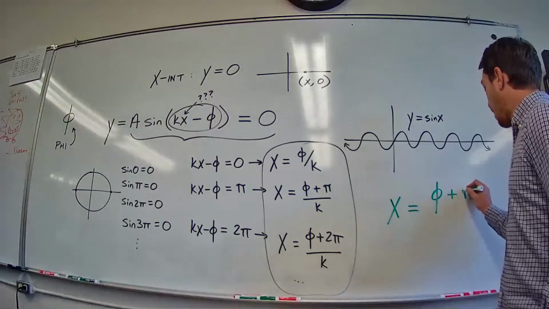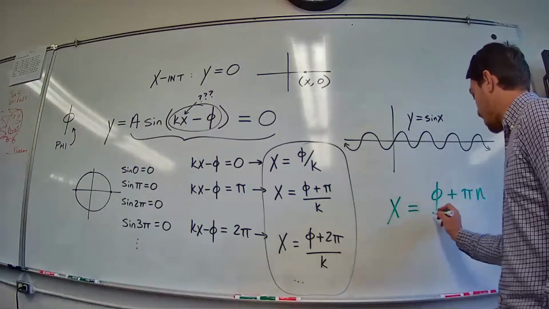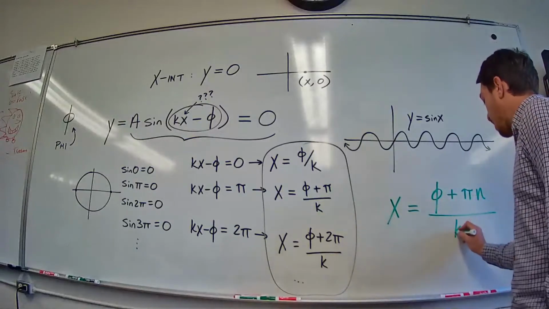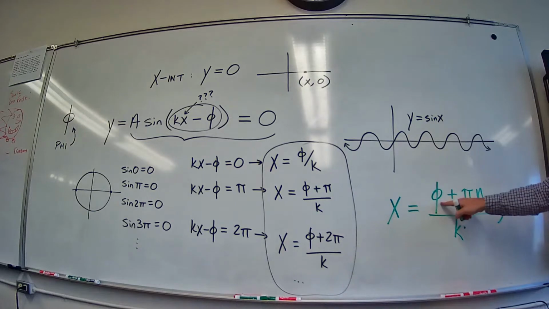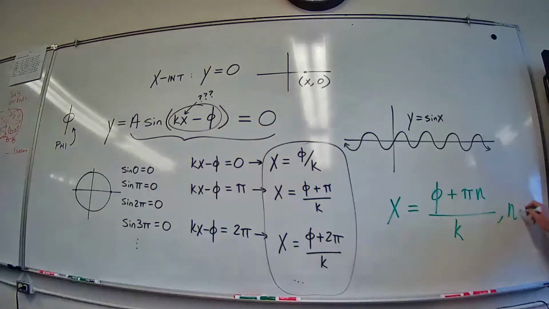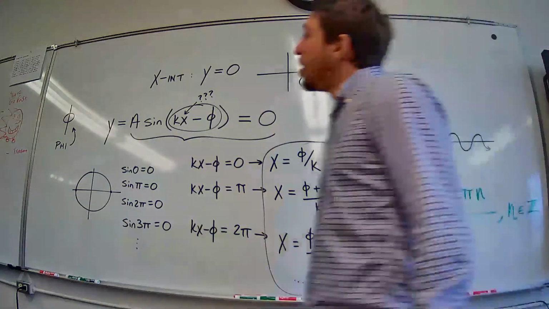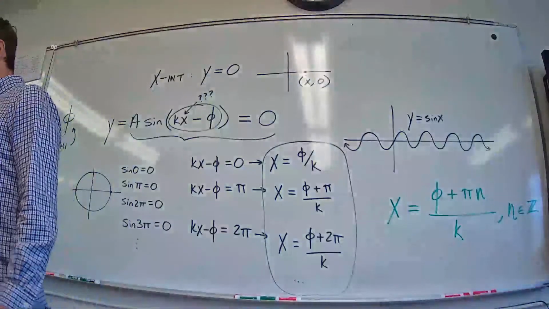Very good. I'm not going to use the plus or minus. It's not like it's bad or anything, but if we just say n can be an integer, then we take care of the negatives. So then you say, well, phi plus any multiple of pi over k, and then just clarify that n is any member of the integer family. Okay.